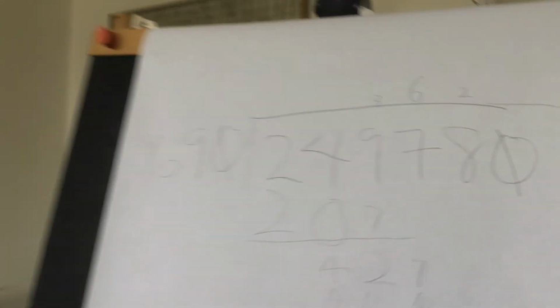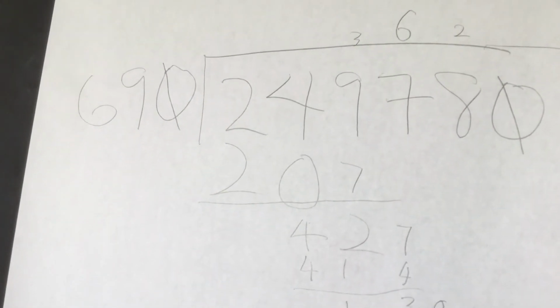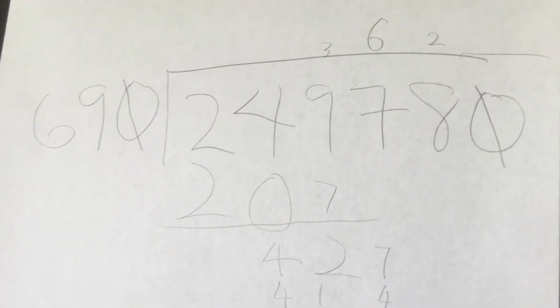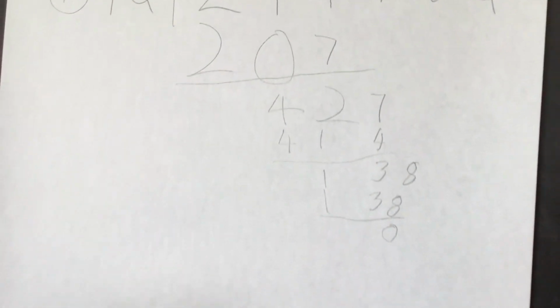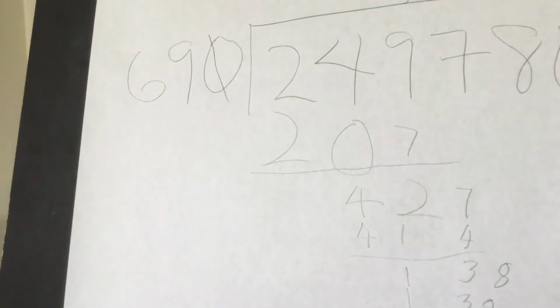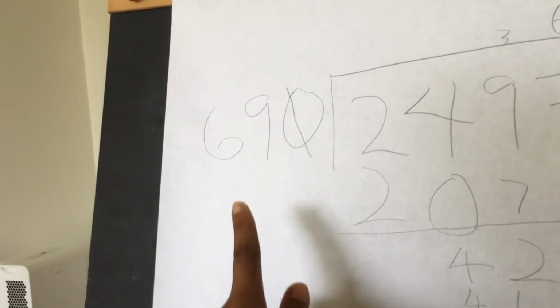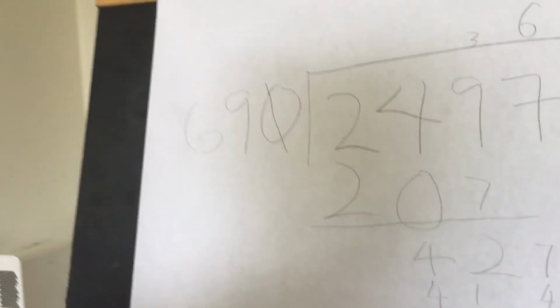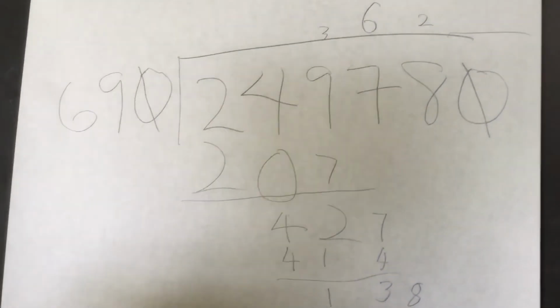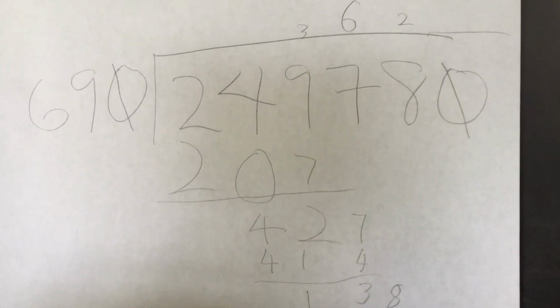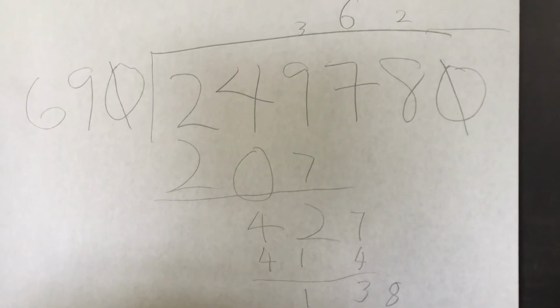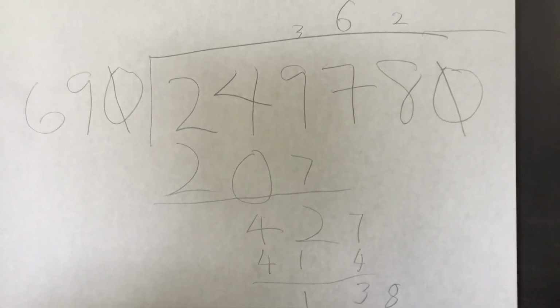Nice work. Okay, so what's the answer? What's your quotient then? My quotient? Yeah. 362. And what's your remainder? 0. And what's your divisor? 69? 690 actually. Yes, 690. And what's your dividend? 2,400.